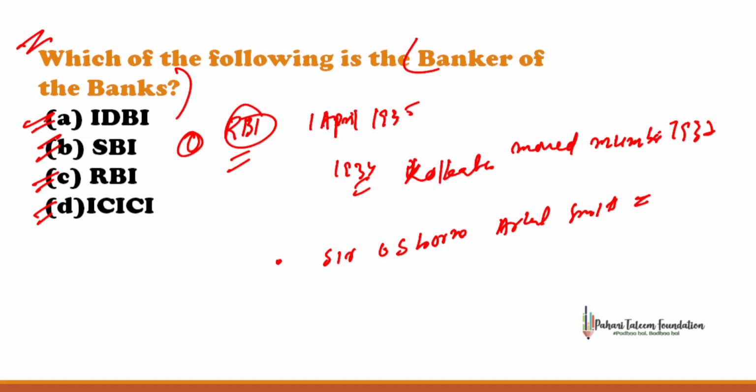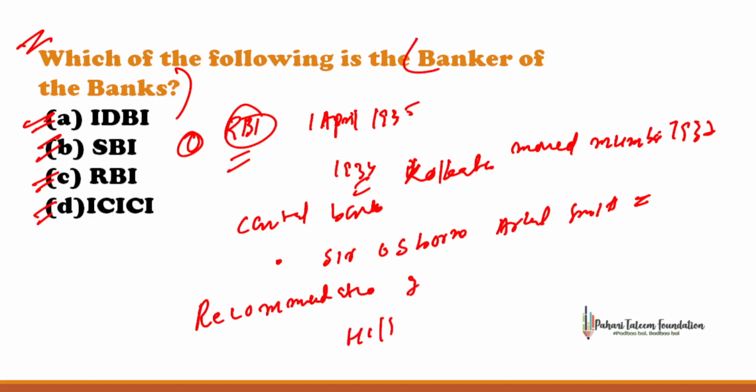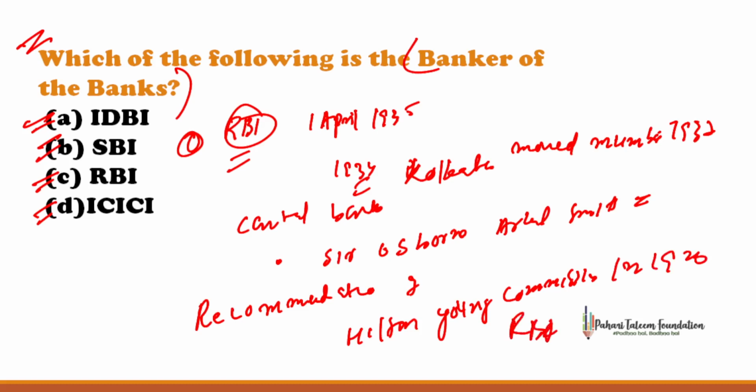There must be a point like it is the central bank of India. The recommendation of the Hilton Young Commission in 1926 led to the formation of the Reserve Bank of India.